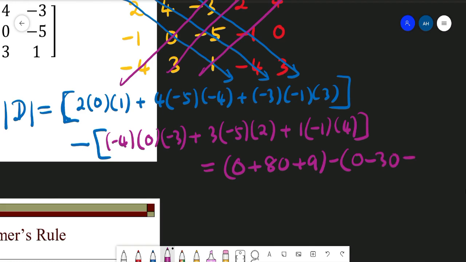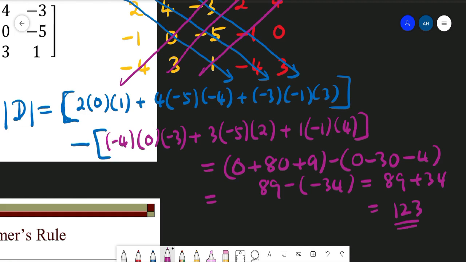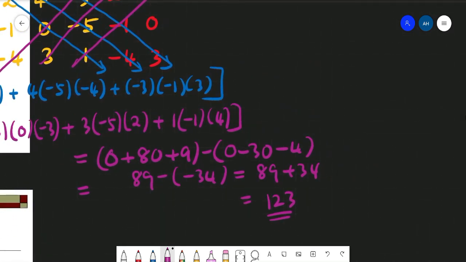And we have negative 4. That is equal to 89 minus negative 34, equal to 89 plus 34. This is equal to 123. Yes, that is the determinant of matrix D. Therefore we conclude that the determinant of matrix D is equal to 123.